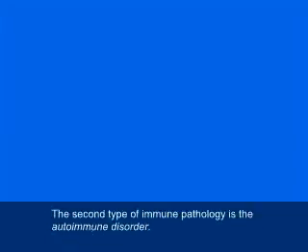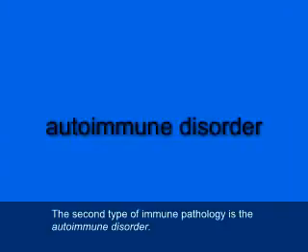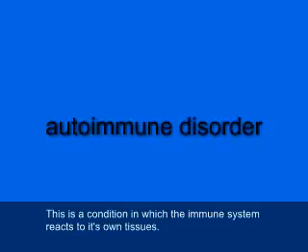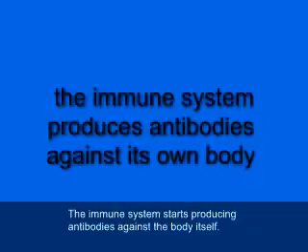The second type of immune pathology is the autoimmune disorder. This is a condition in which the immune system will react to its own tissues. So the immune system starts producing antibodies against the body itself.